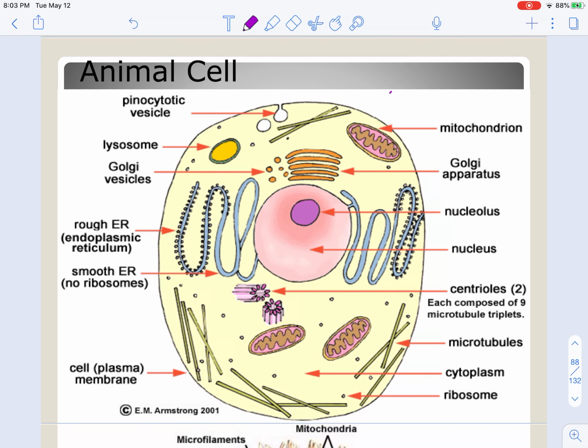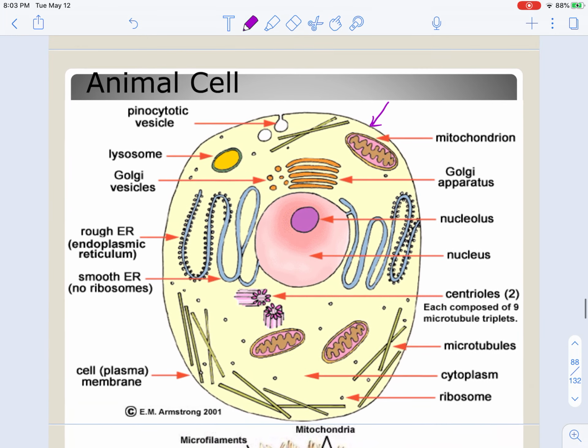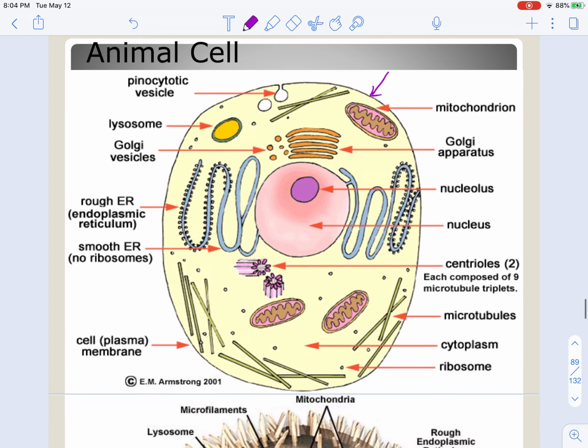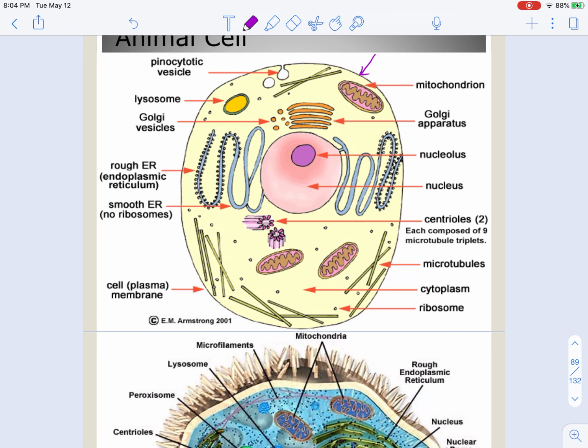Animal cells just have this cell membrane, no cell wall around it like plants do. Animal cells have the organelles that plants have as well, except that their vacuoles may be numerous and small.